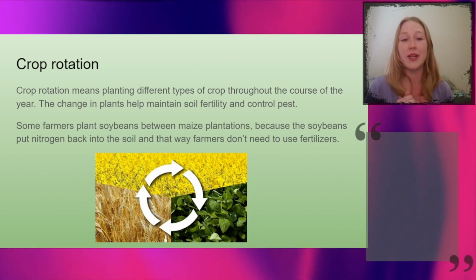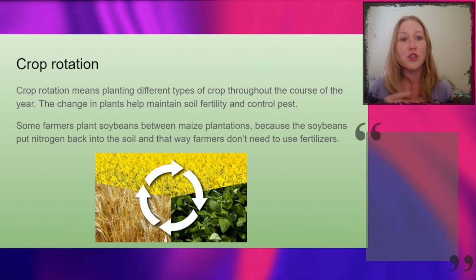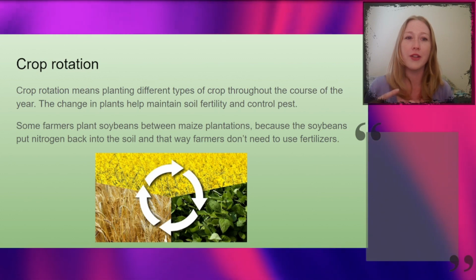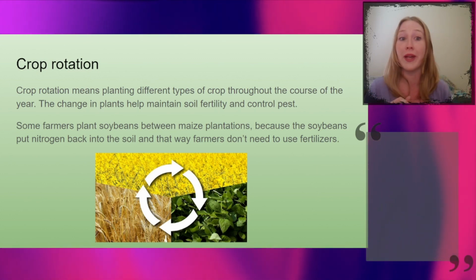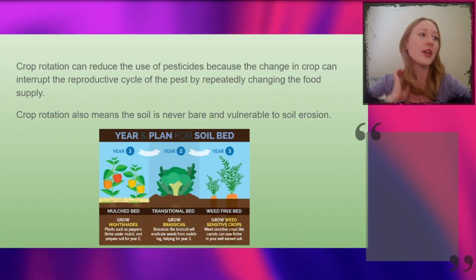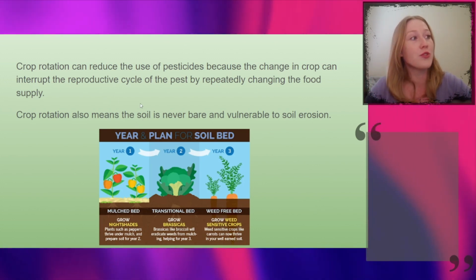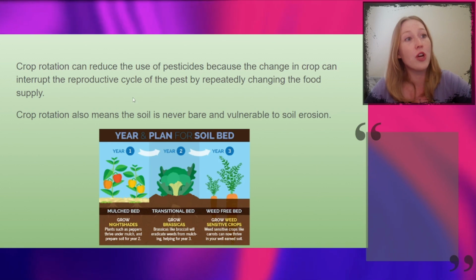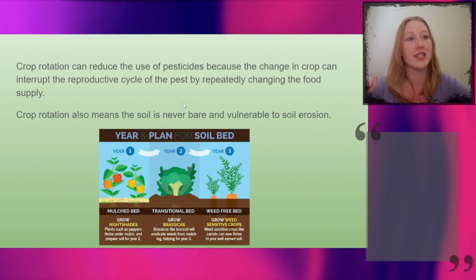And the idea is basically just to keep the soil balanced with a constant change of demand and use of the soil. It's also a good way to control pests as well. So, crop rotation can reduce the use of pesticides because a change in crop interrupts the reproductive cycle of different pests.